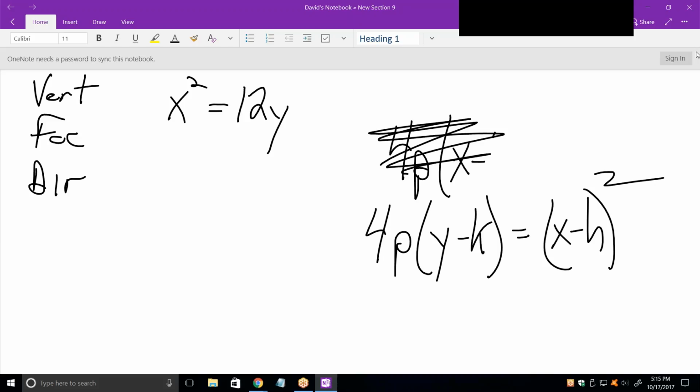Notice that that's not quite the same as our vertex format. There's no A, but they also tell you that P equals 1 over 4A.